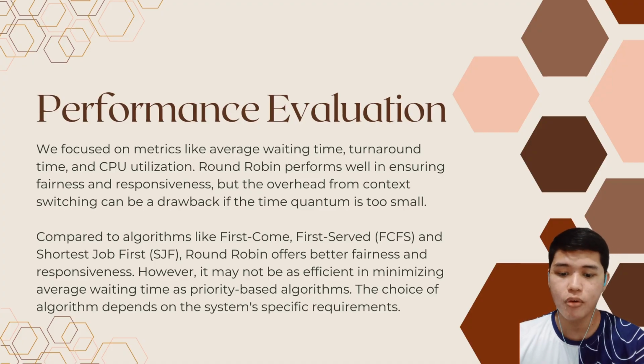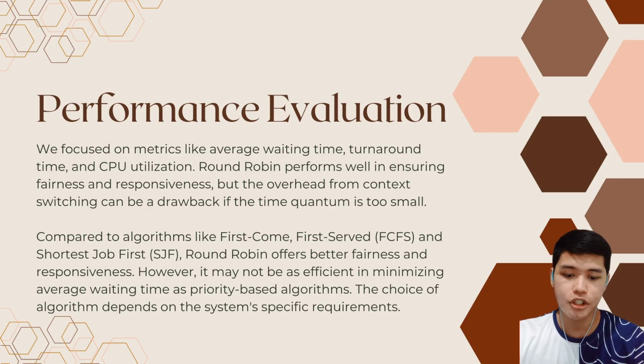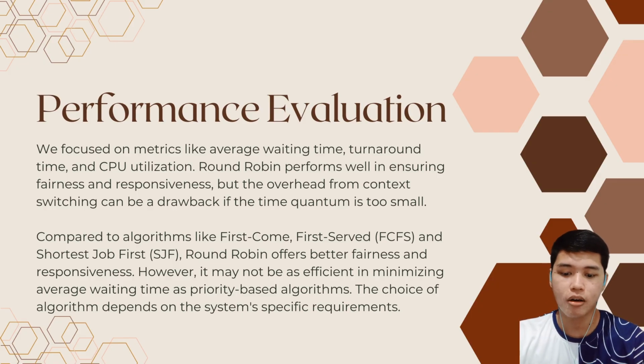Now, let's evaluate the performance of the round-robin algorithm. We focus on metrics like average waiting time, turnaround time, and CPU utilization. Round-robin performs well in ensuring fairness and responsiveness, but the overhead from context switching can be a drawback if the time quantum is too small.